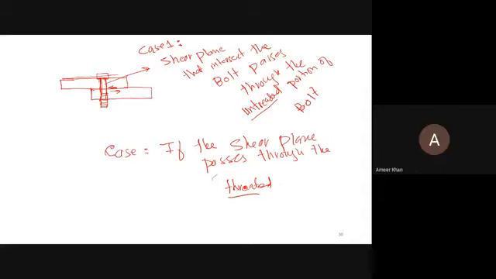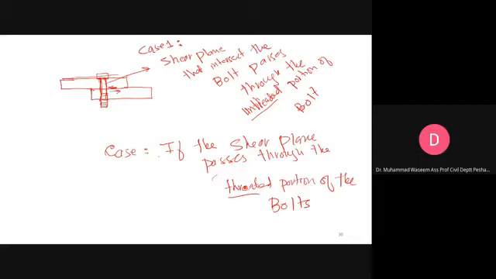Threaded: T H R E A D E D. So you have to write this H here.